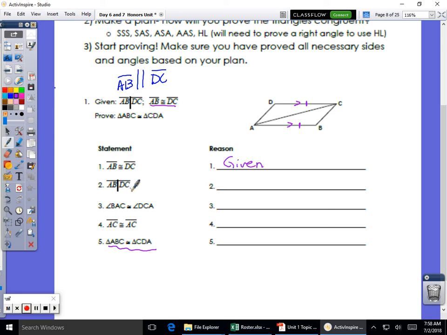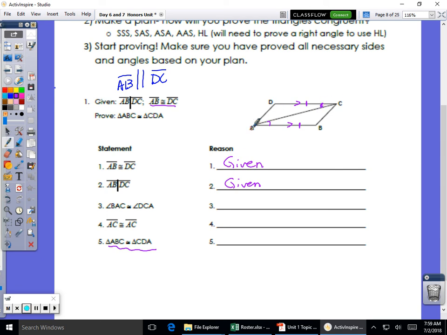Also, these two are parallel. That's also a given statement. Sometimes people write both givens on the same line. Sometimes you write it separate. Either way is fine. Now here, we are going to say that angle BAC is congruent to DCA.